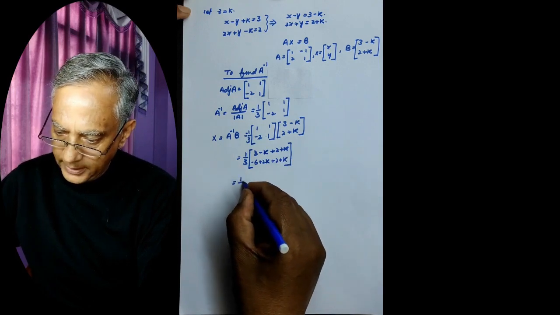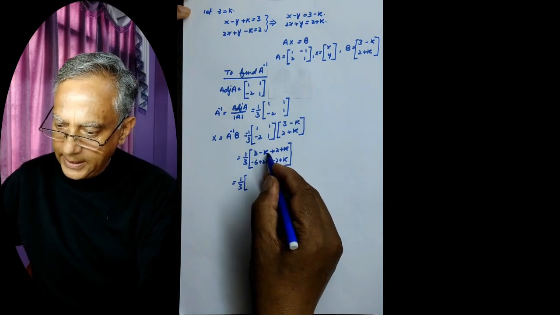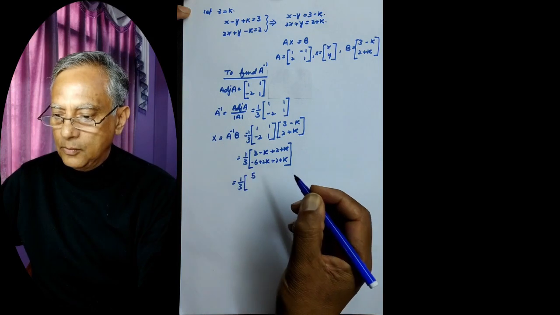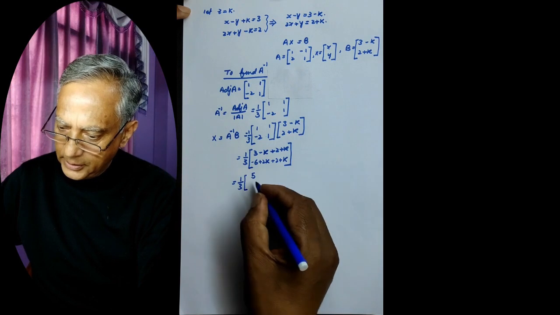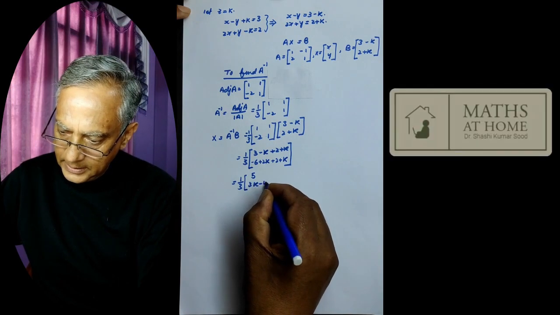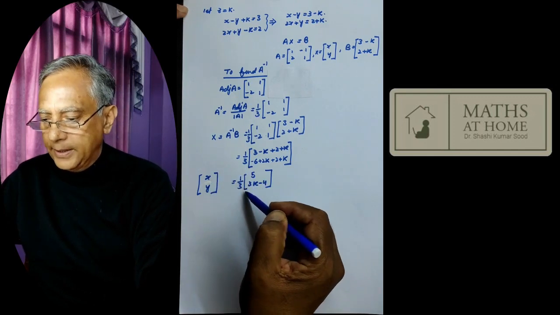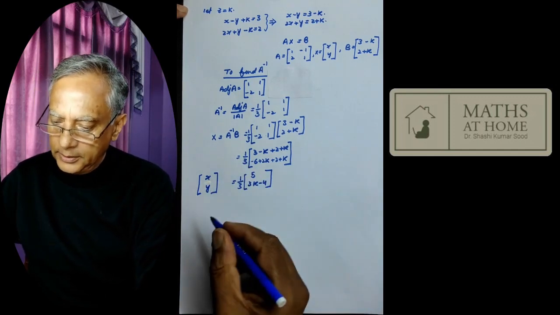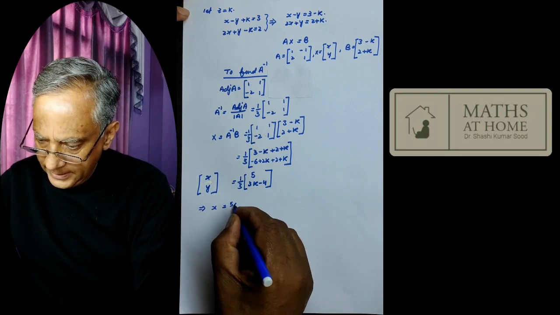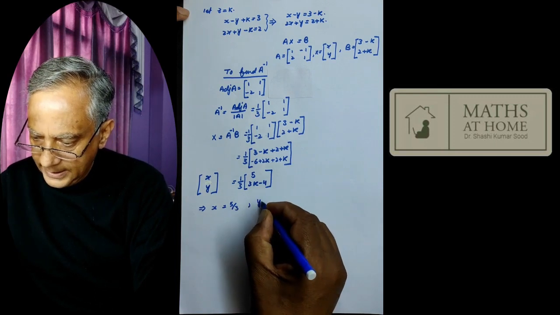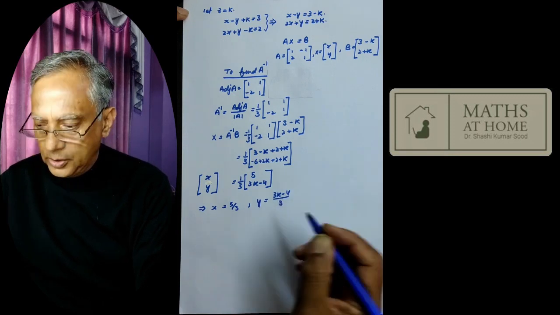So this is equal to 1 by 3 into 3 plus 2 is 5, k and k cancel. This is 5, and this is minus 4 plus 3k. Now X is the matrix of x and y. So this implies x is 5 by 3 and y is (3k minus 4) by 3.